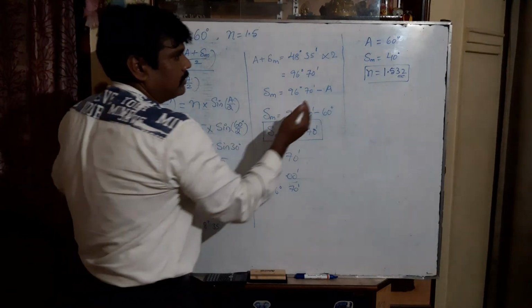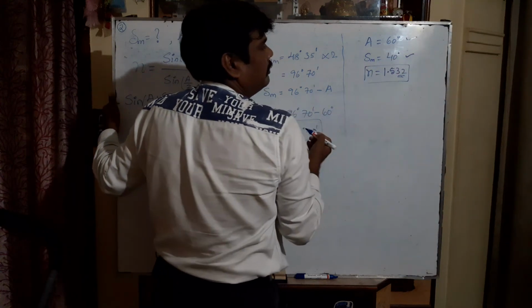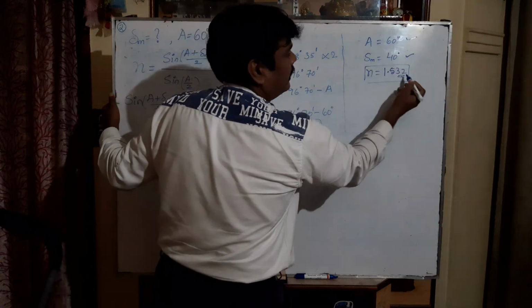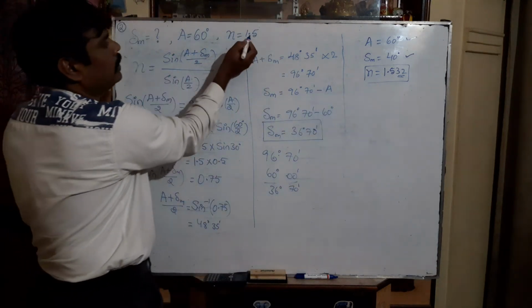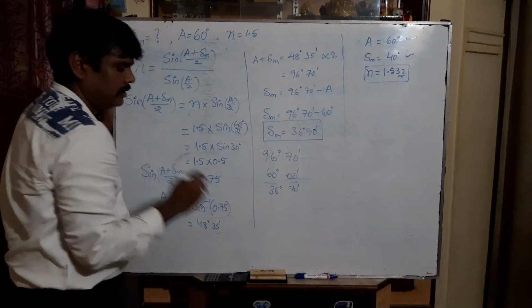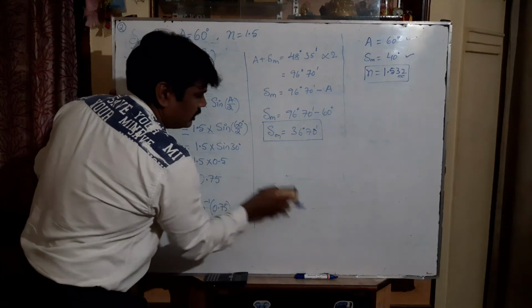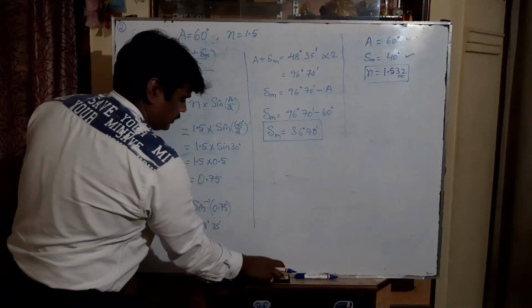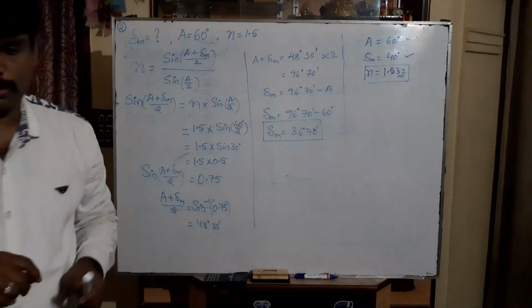If A is 60 degree and delta m is 40 degree, definitely you will get 1.532, not 1.5. In this problem they gave only 1.5, that's why you are getting delta m as 36 degree 70 minutes. So you got an idea how to solve this? I will take the picture of this and send it to the group, and you can copy these numericals in your notebook.